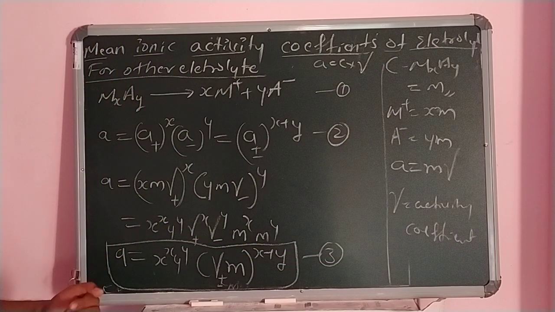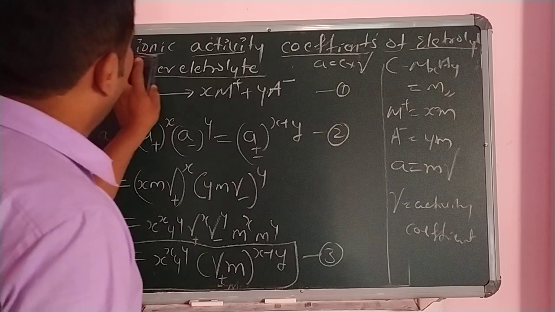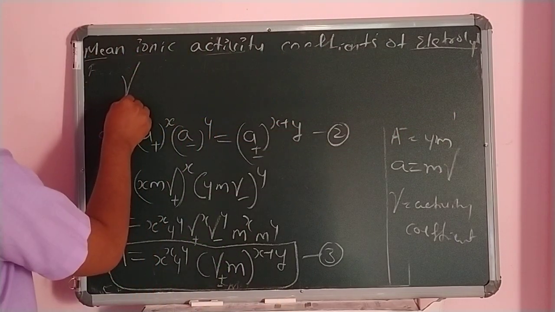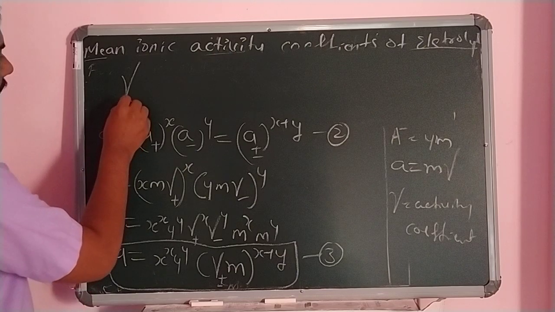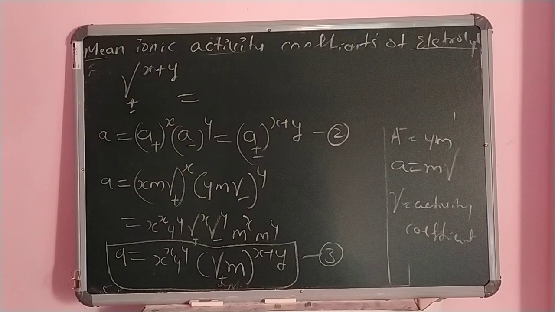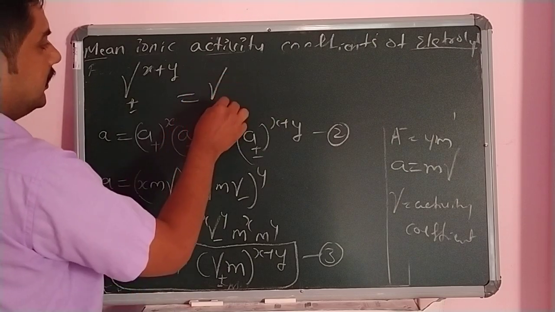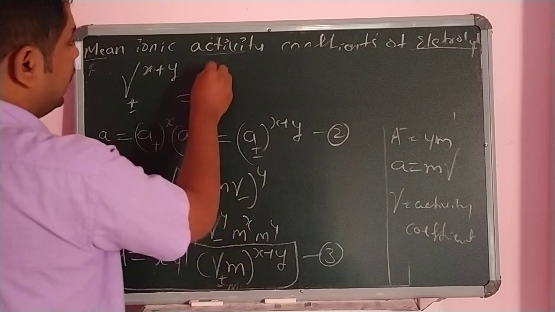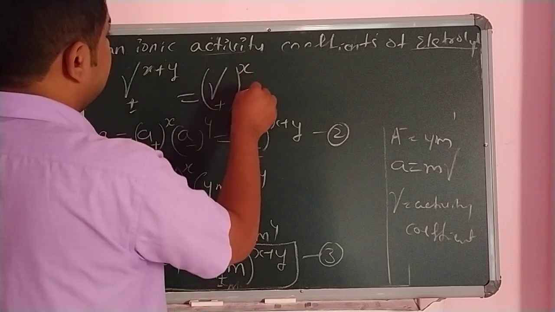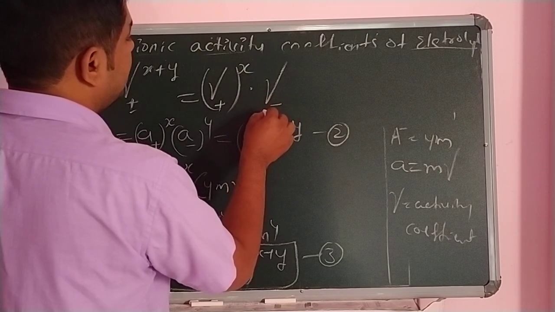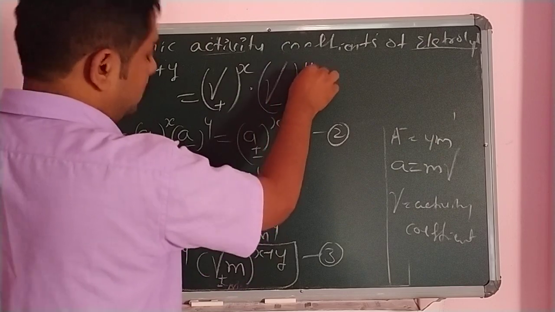So you require the mean ionic activity coefficient. While writing this, the mean ionic activity coefficient gamma plus or minus to the power x plus y is equal to the activity coefficient of the positive ion raised to x and the activity coefficient of the negative ion raised to y.